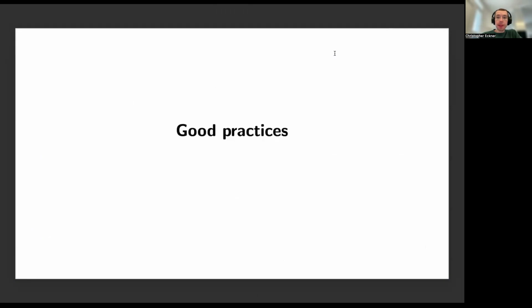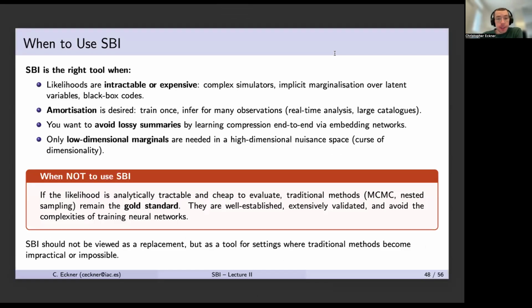I just want to name a few good practices for simulation-based inference, in particular, when you should actually use this. As I said, likelihoods might be intractable and expensive, and then this is potentially the only thing that is left for you to do, because the only thing you need is to simulate, and that is oftentimes something you can still afford to do.